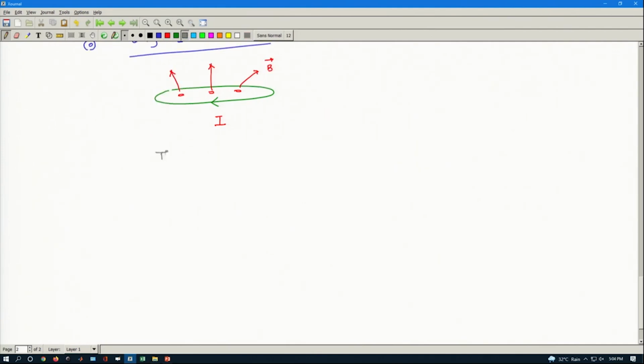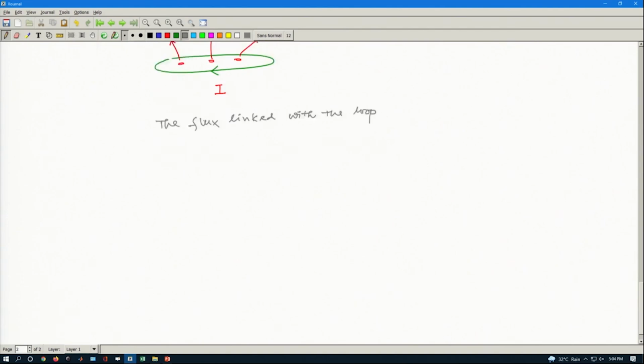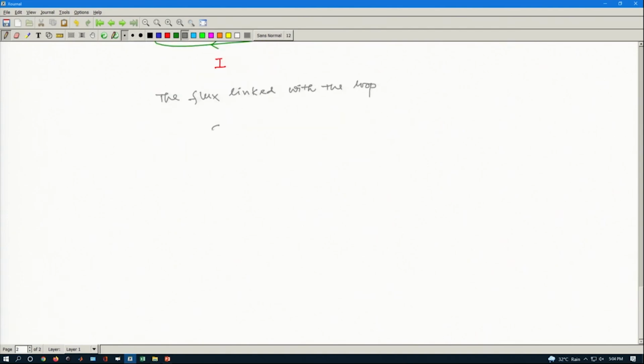So, the flux linked with the loop, the amount of flux that is linked with the loop, is simply proportional to the amount of current. If I write this flux as phi B, then phi B is proportional to the current that is flowing in the wire.